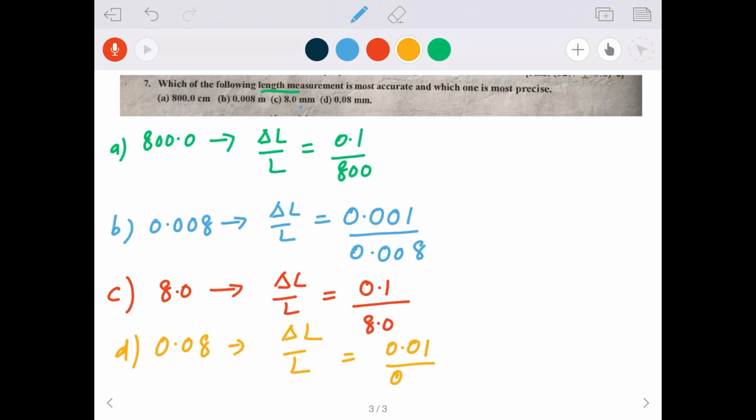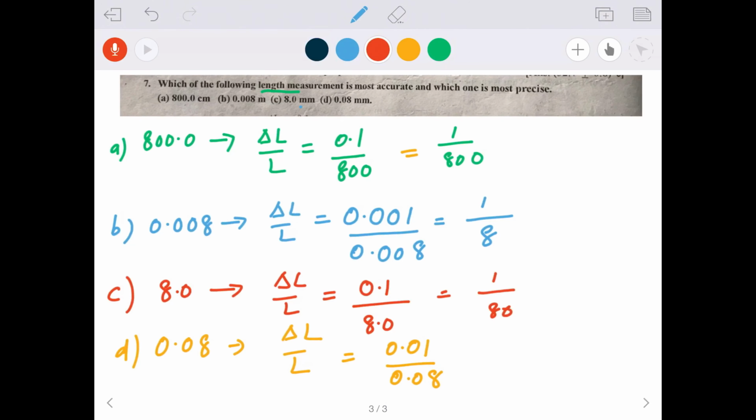Similarly here, we have to multiply these numbers just to cancel the zeros. So this can be written as 1 divided by 8000. Similarly this can be written as 1 divided by 8, I have multiplied with 1000, and this can be written as 1 divided by 80, and the last quantity is 1 divided by 8.